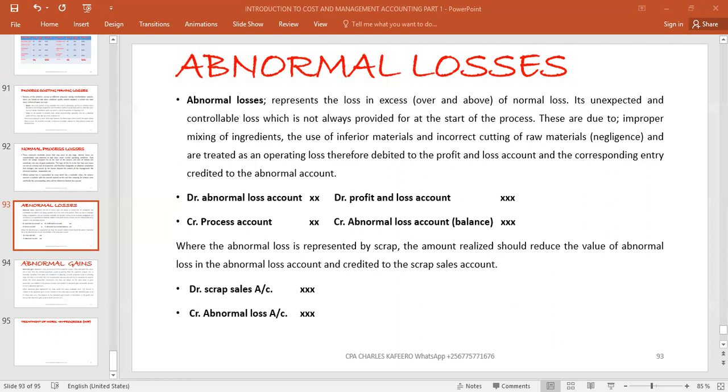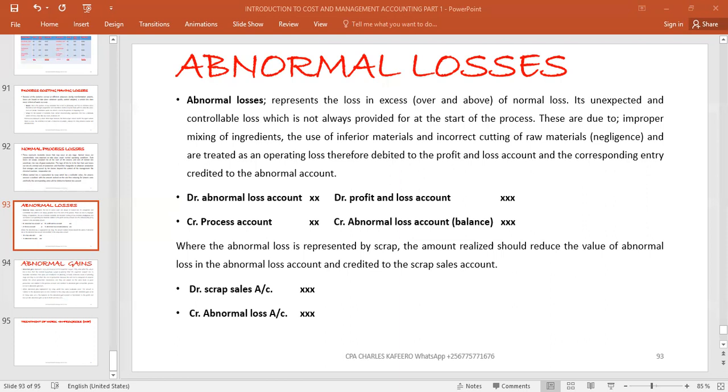This means the actual loss is the normal loss of 1,000, which reduced the input to 9,000, and also the 1,000 that reduced the expected output to the actual output of 8,000. So when computing the abnormal loss, we take actual production minus expected output, and the expected output is input minus the normal loss.